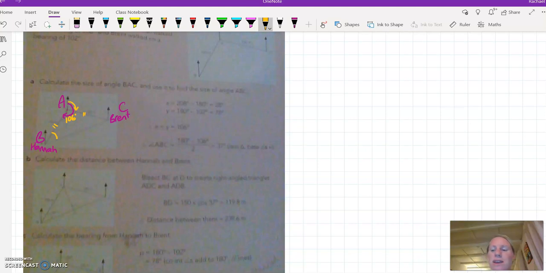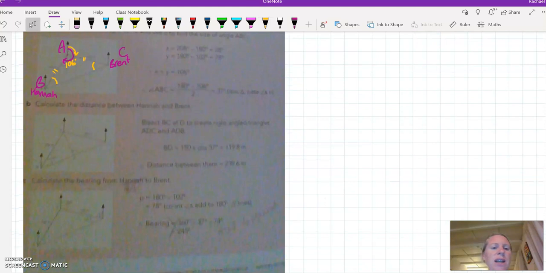So we're going to be thinking of properties of isosceles triangles for this question. So we know that angle ABC is exactly the same as angle ACB. That's why they can then do 180 minus 106, because angles in a triangle add up to 180, and then just divide it by 2, because they've both got to be the same. That's the base angles in an isosceles triangle. Calculating the distance between Hannah and Brent.